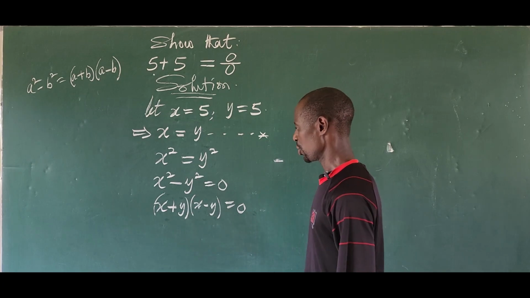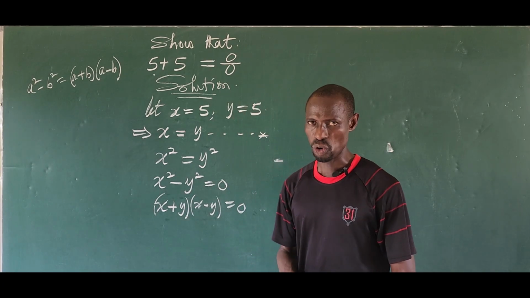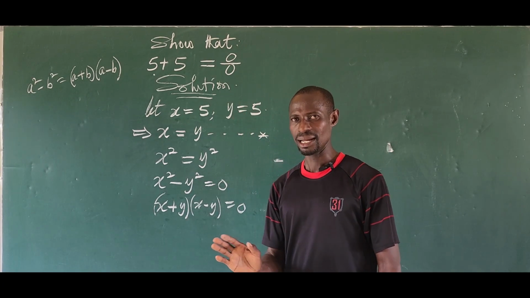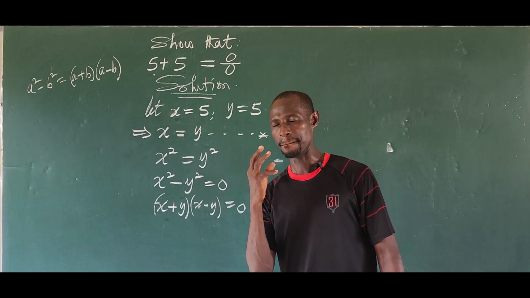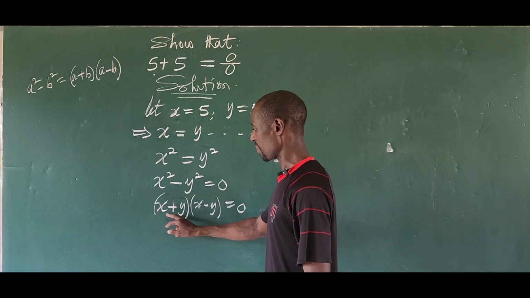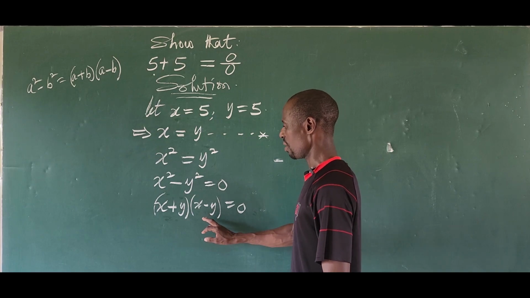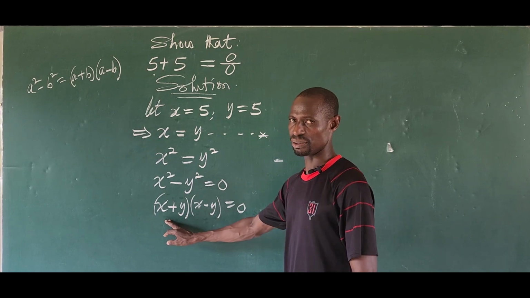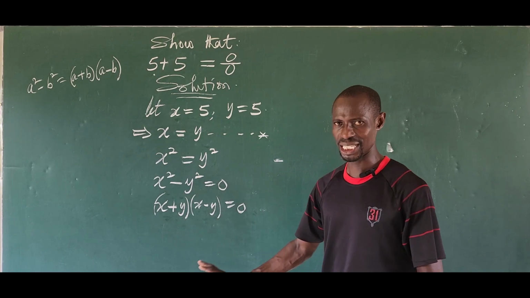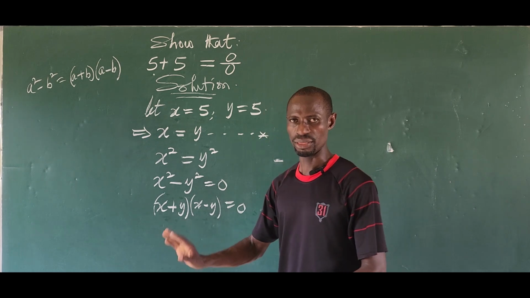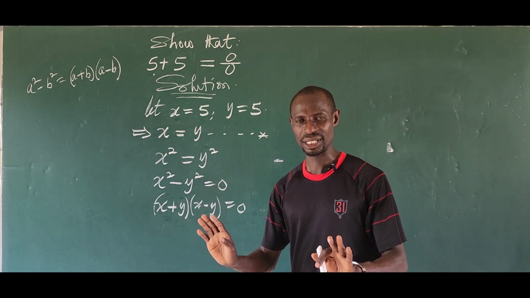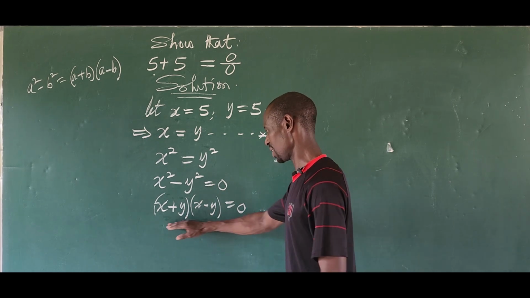Ideally, if we go by the standard of base 10, 5 plus 5 gives us 10, and 5 minus 5 gives us 0. So 10 times 0 gives us 0, so 0 is equal to 0. According to the normal base 10 system, this is correct.